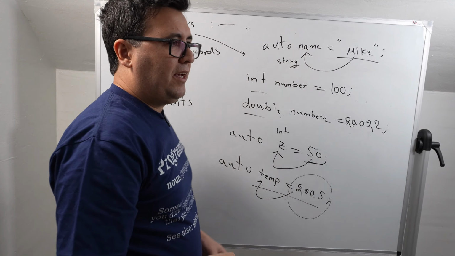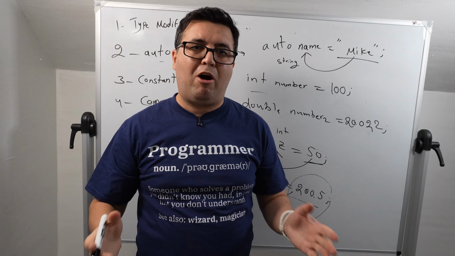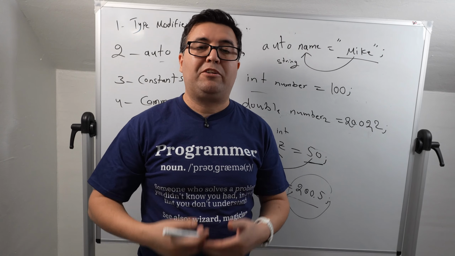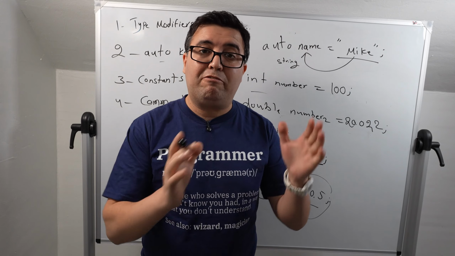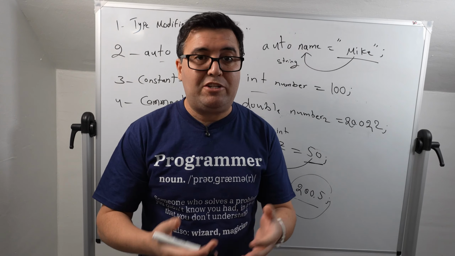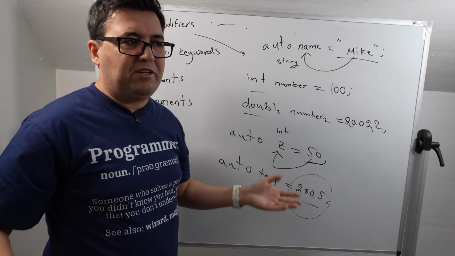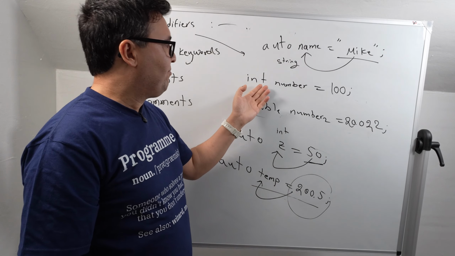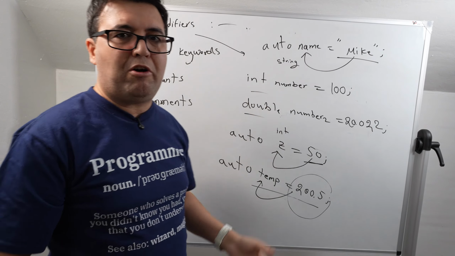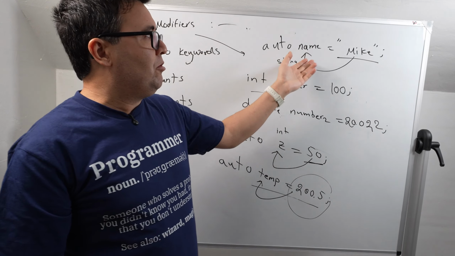So actually it depends on the compiler, and the compiler determines the type of the variable based on the value which we initialize for that variable. So this is the auto keyword. After this, if you don't want to use int, double, char or string, you can just put auto.